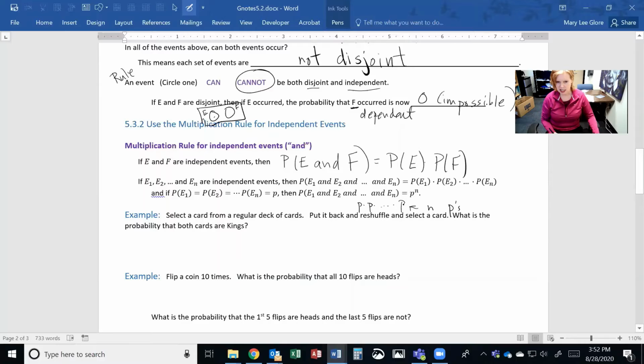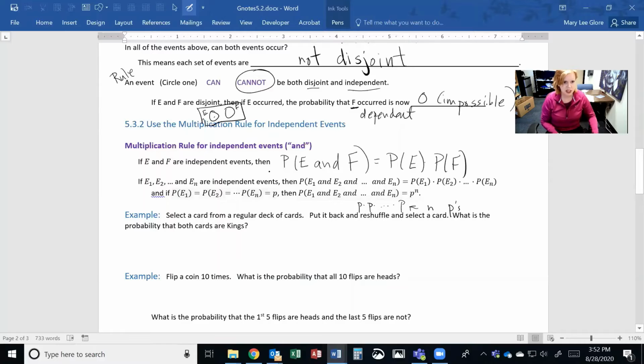When I multiply that together, I get P to the N. So the nth power means multiply it N times. It's not N times P, it's P to the N when we multiply. If I add P's, P plus P plus P, that's going to be NP.